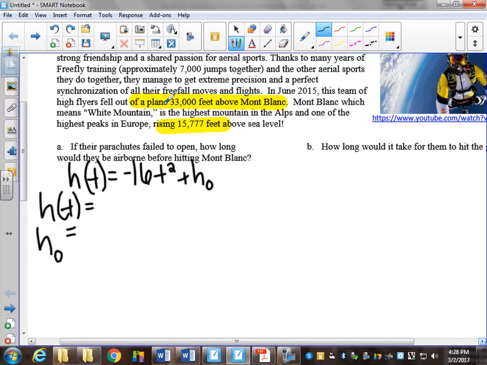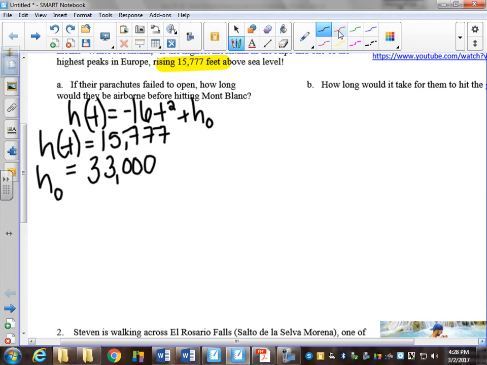They're starting 33,000 feet above Mont Blanc, so that would be our initial height. Mont Blanc rises 15,777 feet above sea level. So that is our ending height.